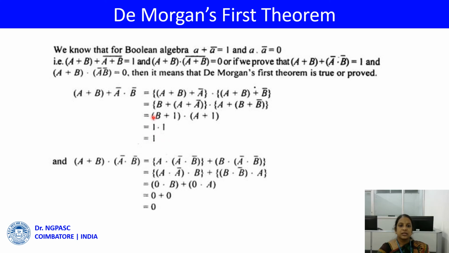So hence one side, the left hand side, is proved. And the right hand side, (A plus B) into (A complement dot B complement), you will expand and then rearrange the terms. A dot A complement is 0, B dot B complement is 0. So anything into 0 will give you 0. So we have proved the first theorem.